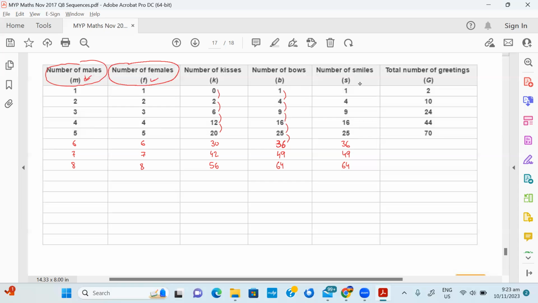All right, can someone teach me how to predict the greetings column? This is +8, okay, +8. This is +14, right?